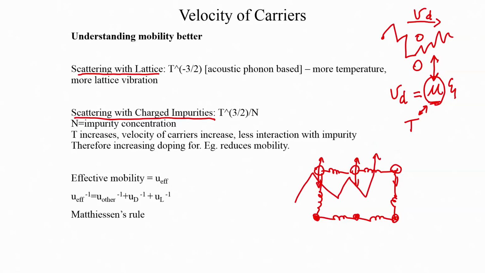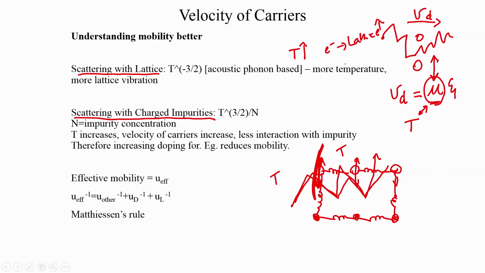Now, since the cause of this vibration is temperature, as the temperature increases, the vibration becomes more and more vigorous, and the scattering probability also increases significantly. Therefore, it is expected that as temperature increases, the scattering of the electron with the lattice would also increase.